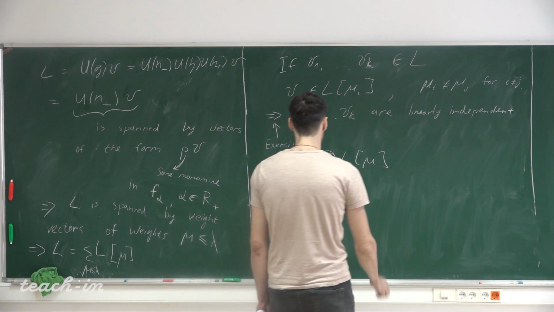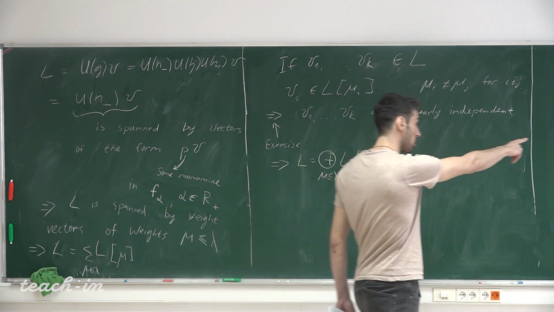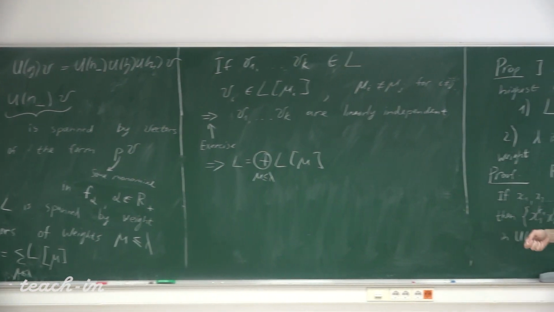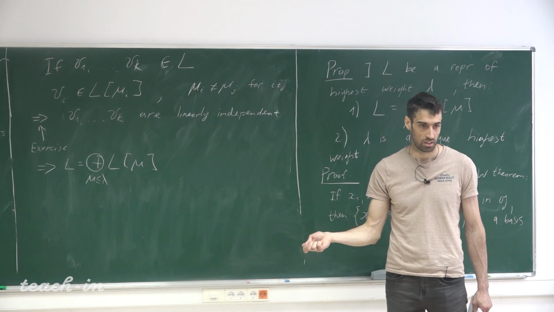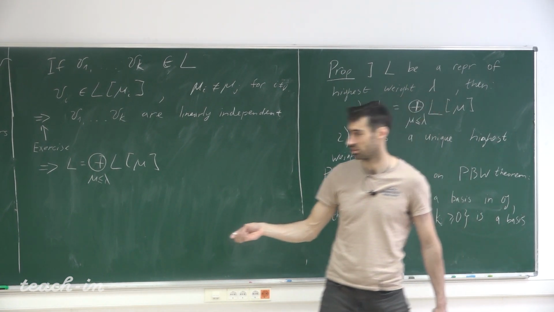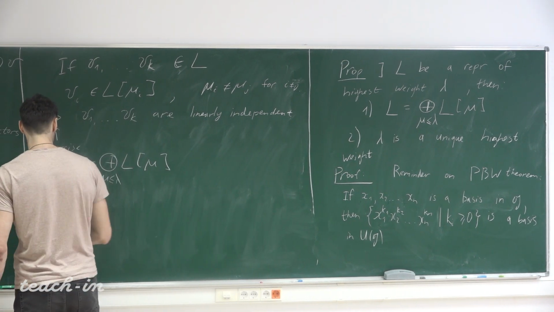But now, what about part 2? Lambda is a unique highest weight. So suppose you have another highest weight, say lambda tilde. Proof for part 2.